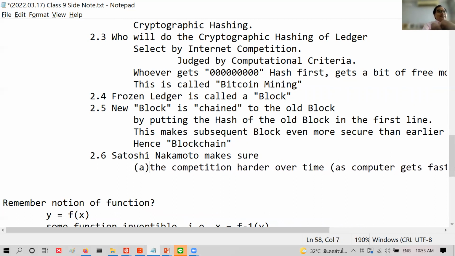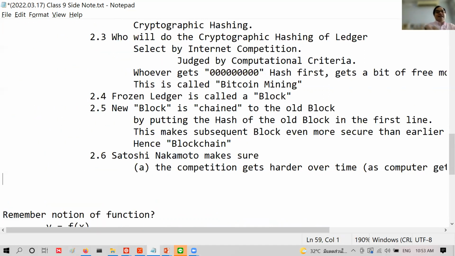A, the competition gets harder over time. What else did he do? B, the reward gets smaller over time.